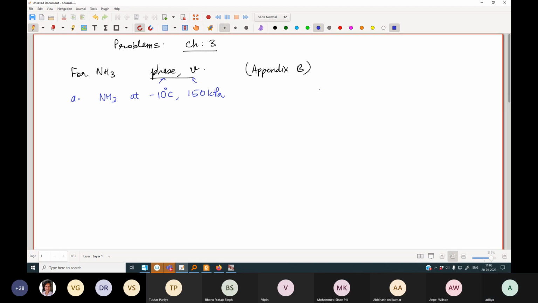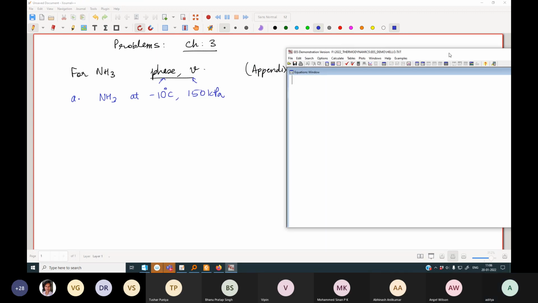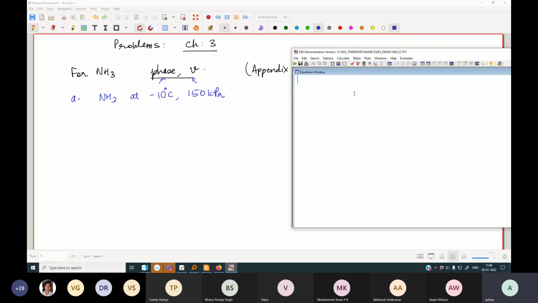Okay, so before going into the actual physical table, let's just see. So we will say V1 equal to volume ammonia, T equal to minus 10, P equal to 150.